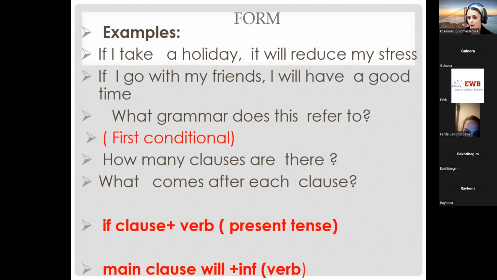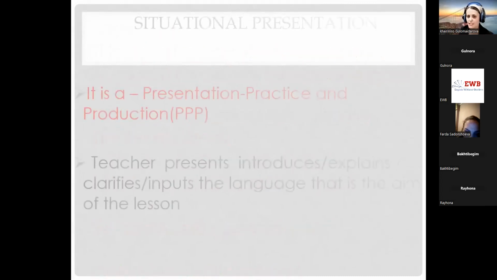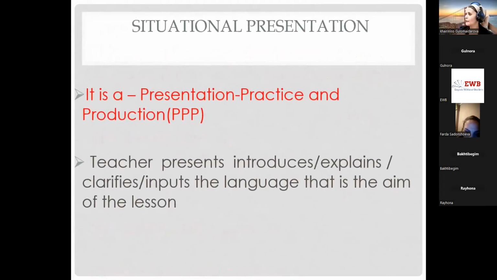And what comes after each clause? Of course, it is the if clause plus a verb in present tense, and the main clause, will plus infinitive, or we can just say verb. So this is how we elicit the meaning and the form of any target language.